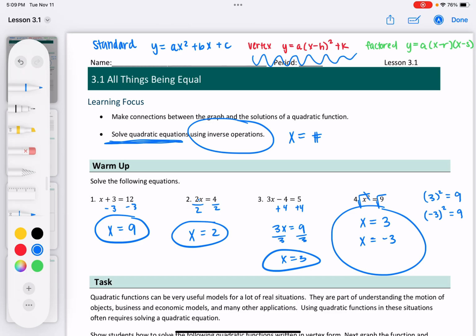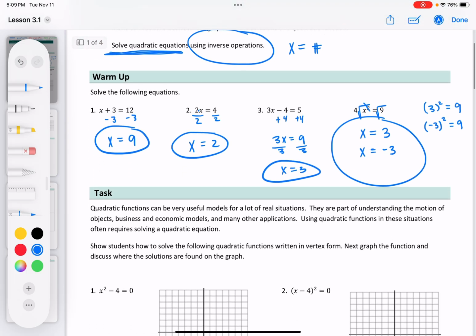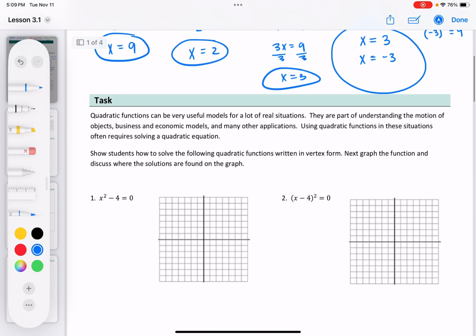As we use inverse operations to solve quadratics, it's going to look really similar to what we just did, and we just have to figure out the right order to do it in. For number 1, we have x squared minus 4 equals 0. If we want to get x equals for our final answer, we do the thing that's farthest away from the x.